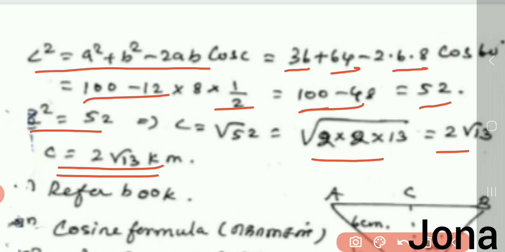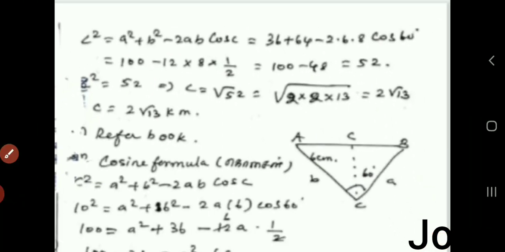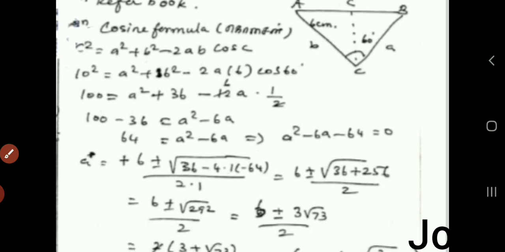Ninth problem. Two Navy helicopters A and B are flying over the Bay of Bengal at the same altitude from the sea level to search a missing boat.